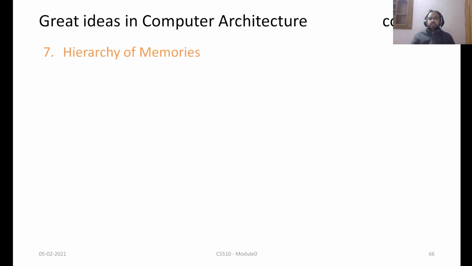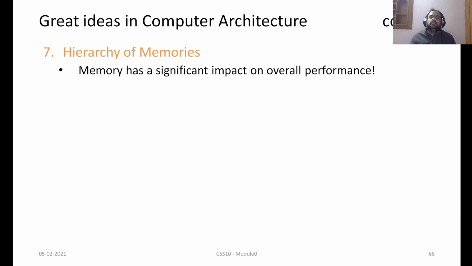Moving on, the seventh idea is deploying a hierarchy of memories. In module 3, we'll see the real impact of memory on the overall performance of the processor. To address such a critical concept, the architects have introduced a hierarchy of memories instead of having one big chunk of memory.